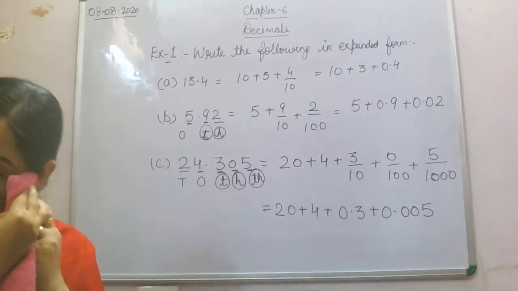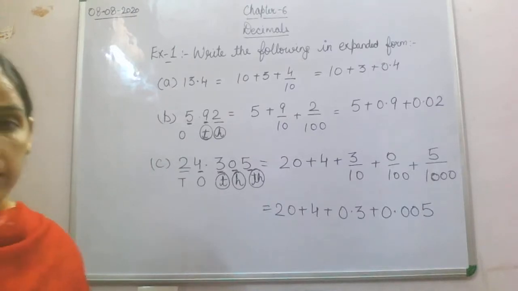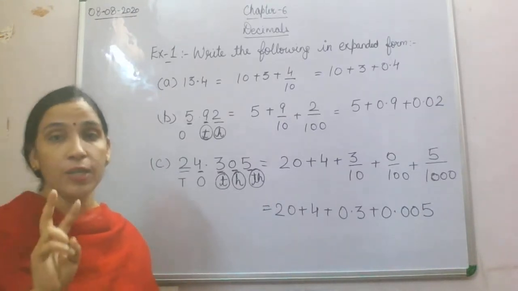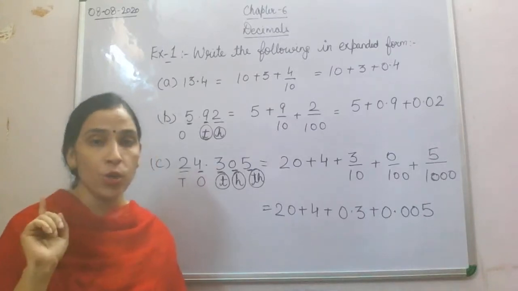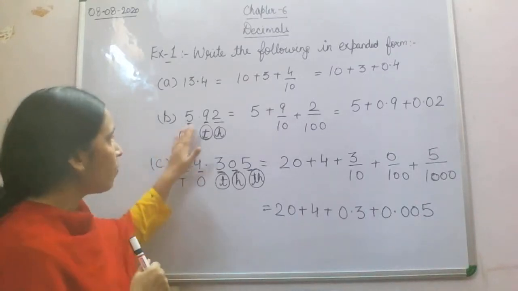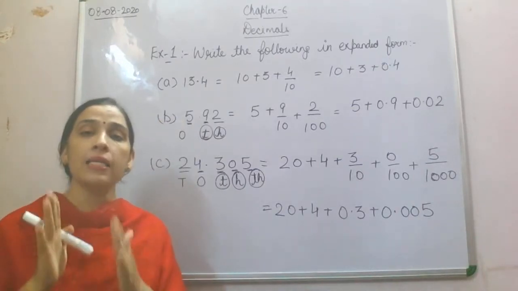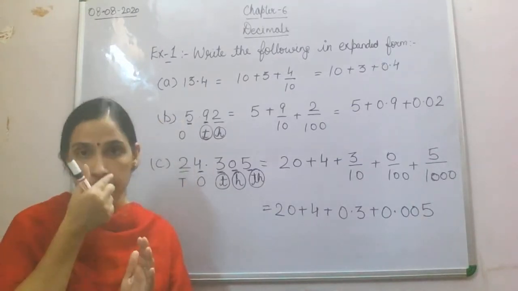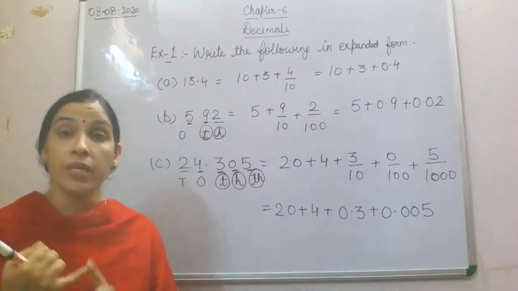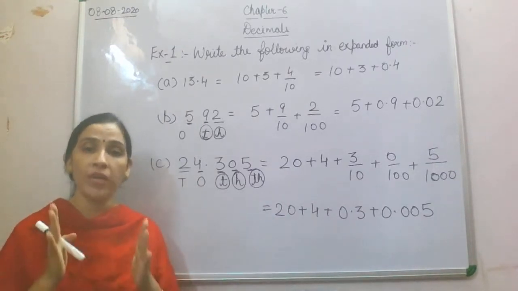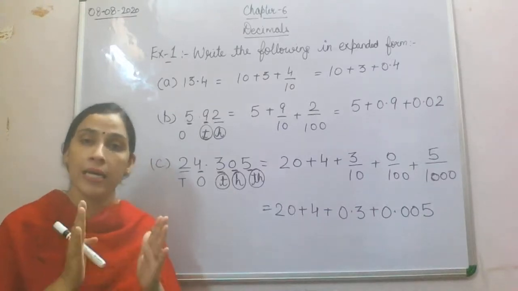See, decimal numbers have two parts. Remember this. First is the whole number part, meaning the number which is before the decimal. The number which is after the decimal is your decimal part. Now what is the decimal part? The fractional part of anything is called decimal.